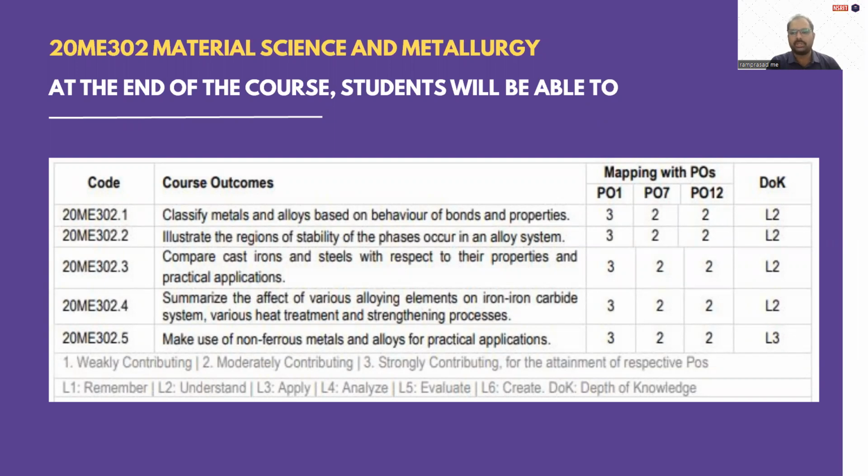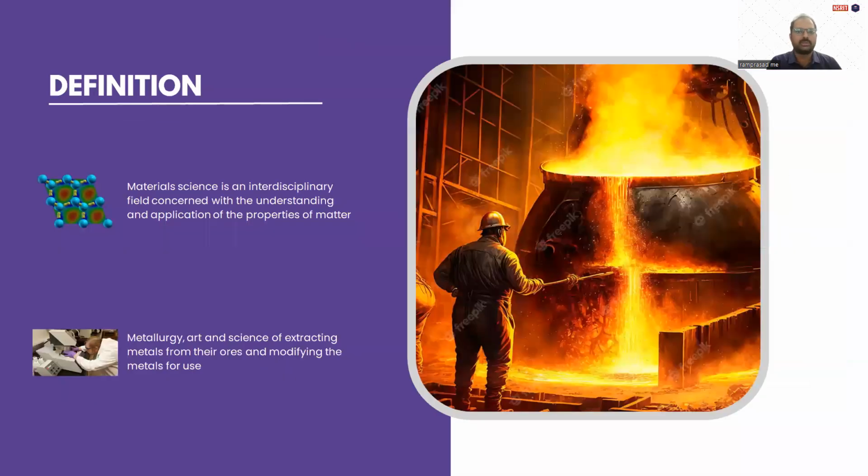This course is correlated with the POs PO1, PO7 and PO12, and we have also mapped the course outcomes with the consideration of Bloom's taxonomy. In this, we mention it as a DOK. With this, we correlated and mapped our course outcomes.